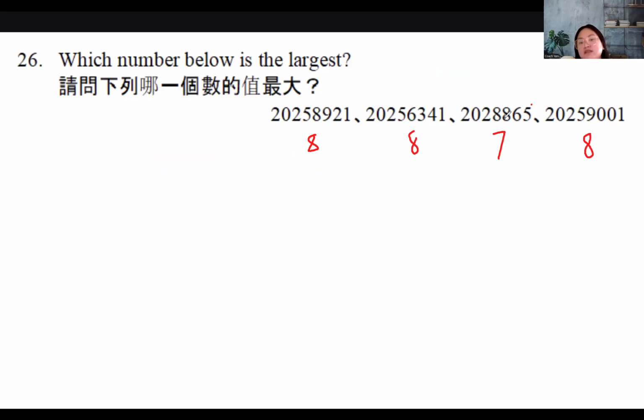So that's why this is already eliminated, or this is already not the largest because it only contains 7 digits. You get it? So that's why it's important to do step 1. Don't do step 2 immediately, wherein you compare left to right. So after you counted the digits, as I've said, you compare each of the digits from left to right.